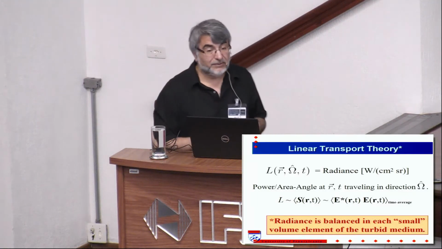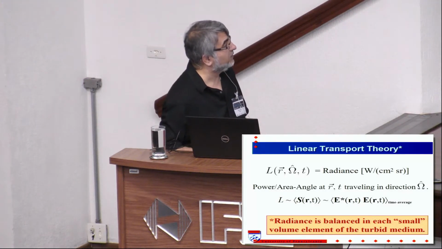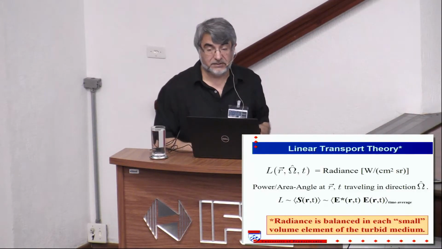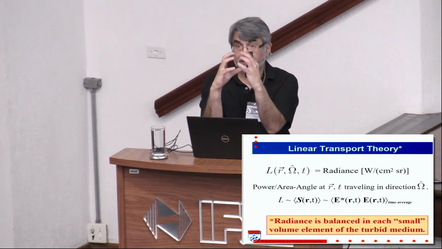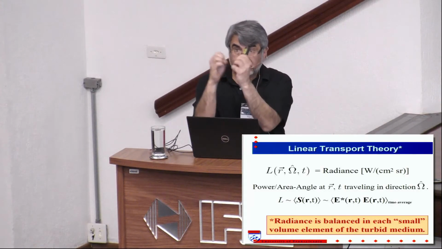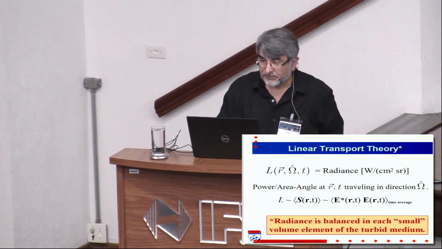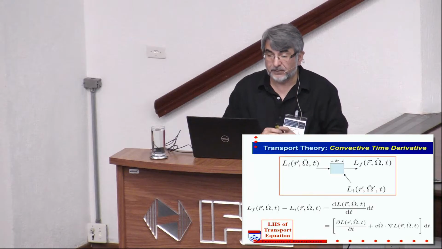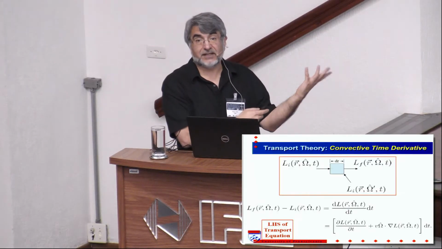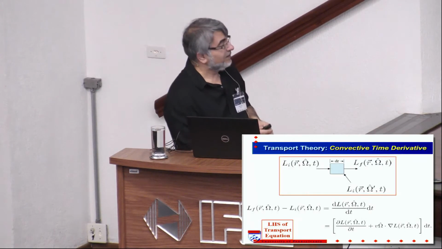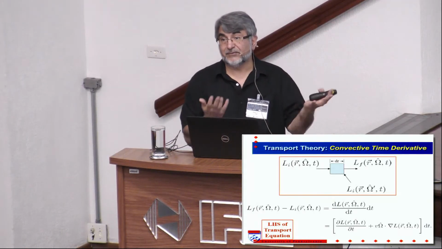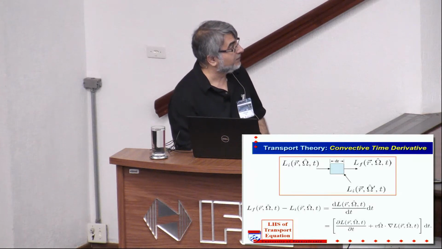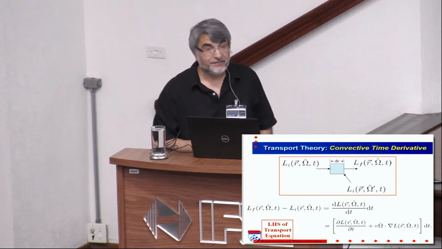So what the linear transport theory does is balance the radiance in the volume elements in the sample, okay? You can imagine that big turbid medium divided into a bunch of small volume elements, and now you just have to think about what's happening to the radiance in those small volume elements. The left-hand side of that equation is essentially the difference between the final and the initial radiance, and that's going to depend on the time derivative of the radiance in that volume element times some infinitesimal time, okay?